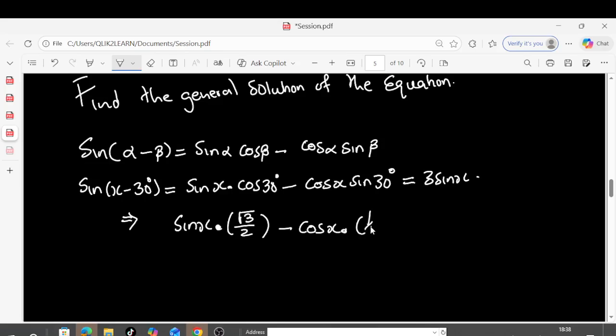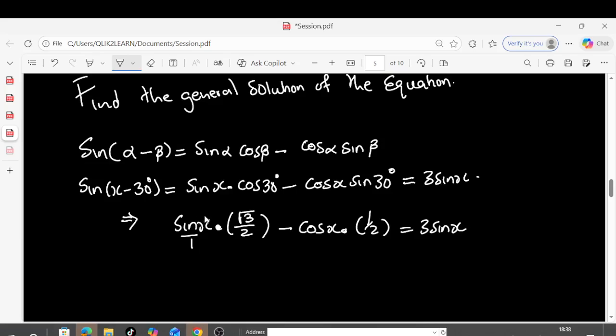So this will be multiplied by 1 over 2, equals 3 the sine x. You just have to flow with the question and apply what you know. Once you manage to see that you need to use a compound angle for sine, then you are done.